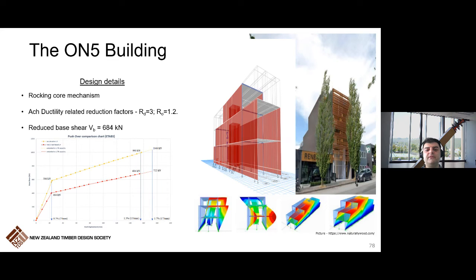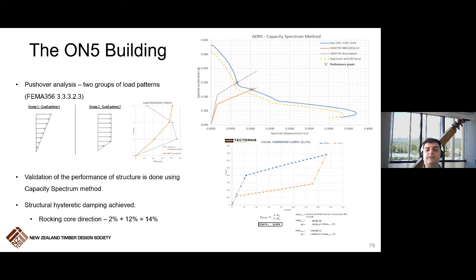Analysis was performed in Drain and ETABS, with pushover analysis using 2 load patterns, acceleration-based and displacement-based load vector. So here you can see the capacity spectrum of the Vancouver building and then the two pushover analyses with the two load patterns that were performed.